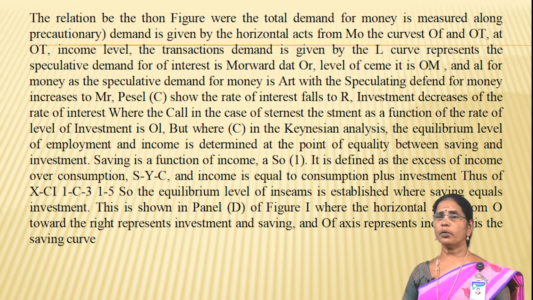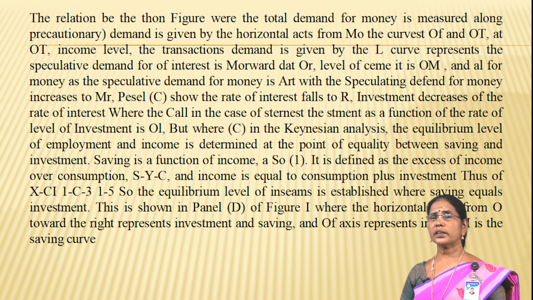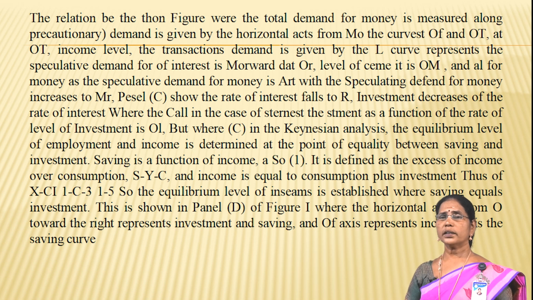At OT income level, the transaction demand is given by the L curve, which represents the speculative demand for money. At income level OM, the speculative demand for money increases to MR, and the rate of interest falls to R.